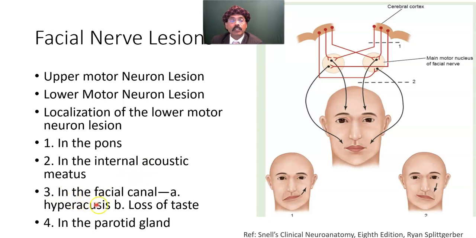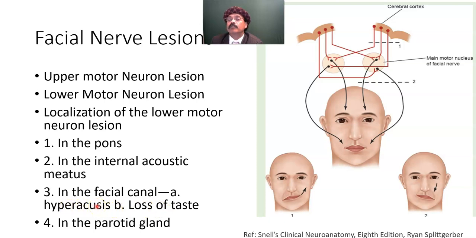There may be lesion in the facial canal. So it depends on the site of lesion. If it is proximal to the stapedius muscle, then we'll get hyperacusis. If it is proximal to the geniculate ganglion, then we'll have loss of taste sensation. If it is in the parotid gland, then taste sensation will be intact. There will be no hyperacusis.